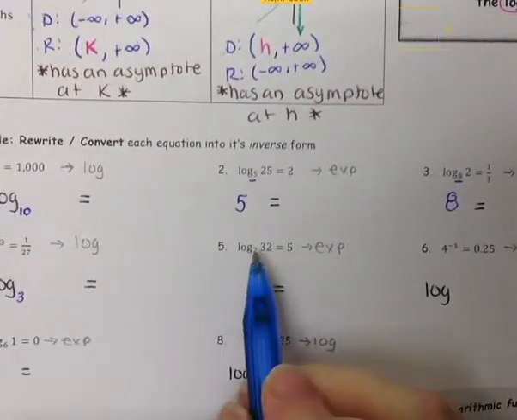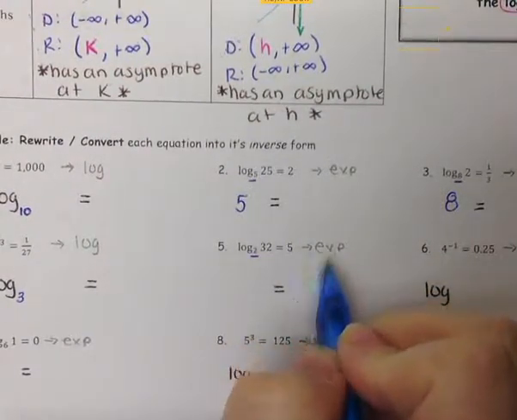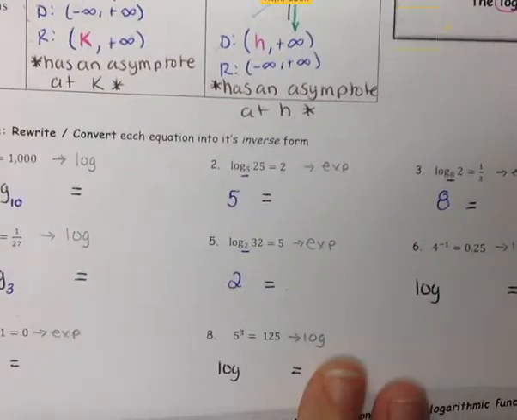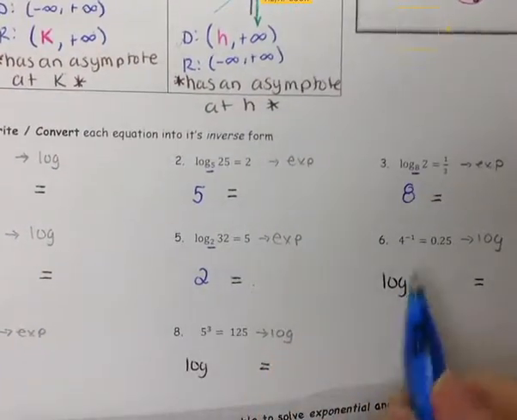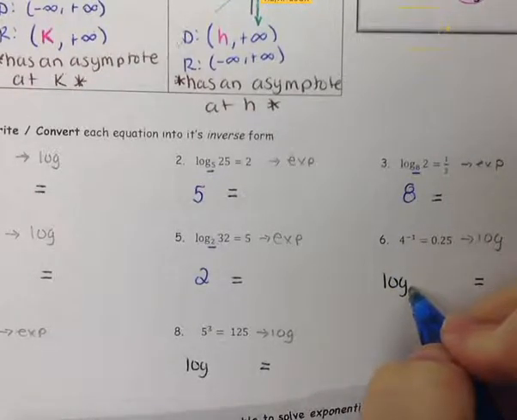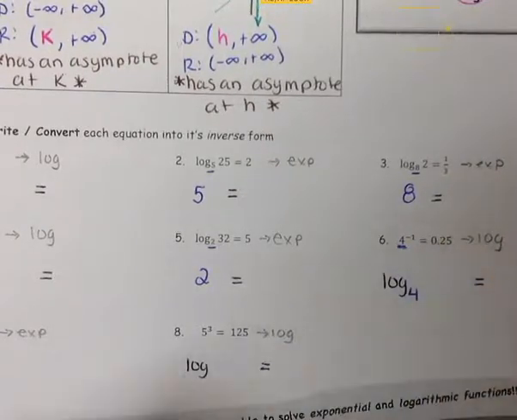Number 5, the base is a 2. And we want to write it as an exponential, so it's going to become a normal size 2, and we're going to have an exponent on it. For number 6, our base is the 4 because it's holding up that negative 1. This is going to turn into a logarithm, so it's going to be log base 4 because your base was 4.